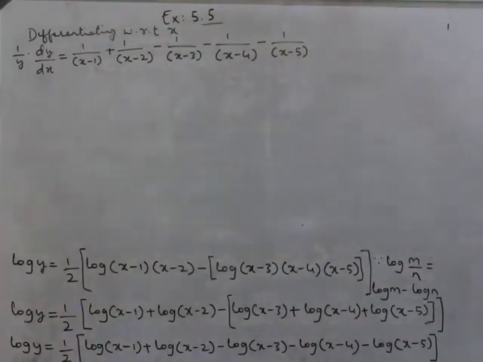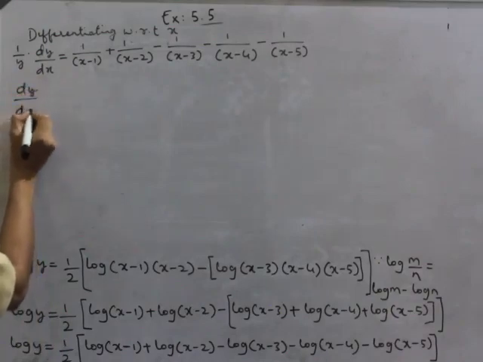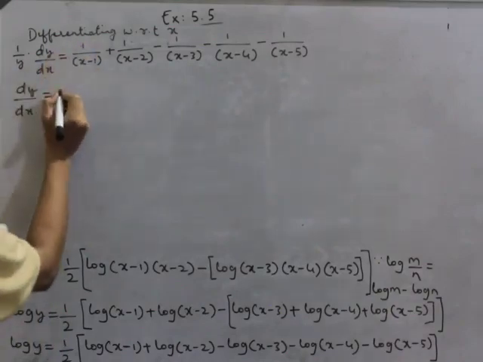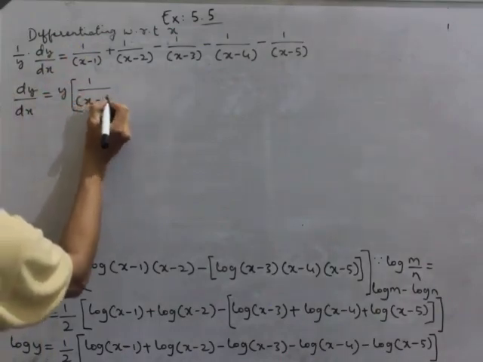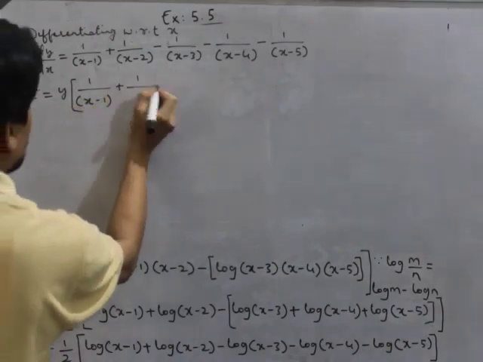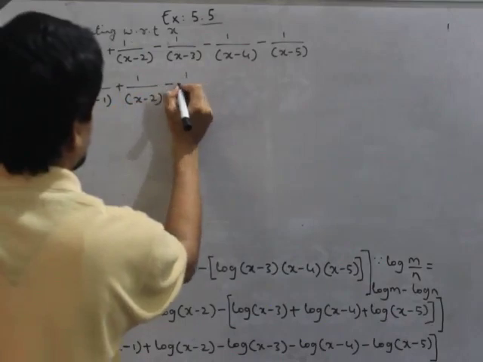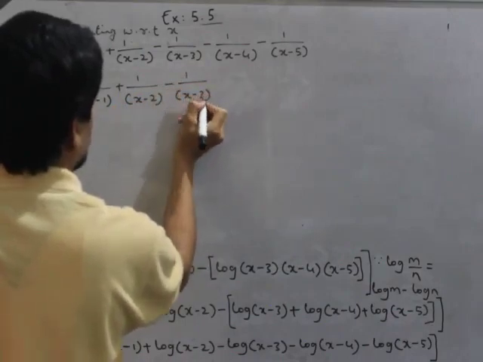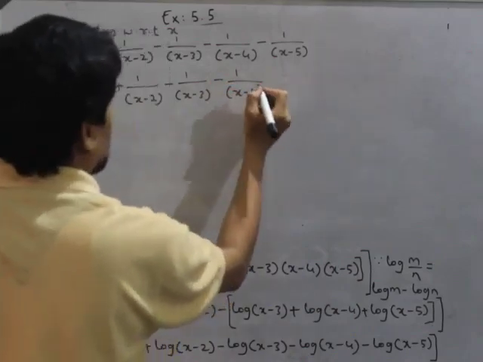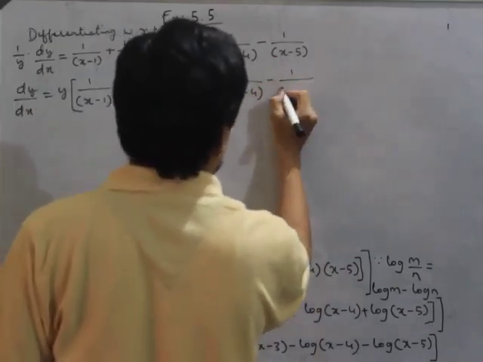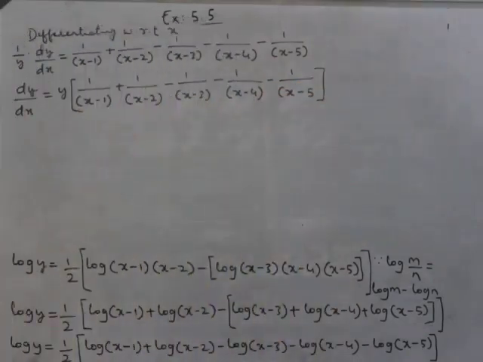So this is the differentiation. Next, dy by dx is equal to, this y will go here, y into 1 by x minus 1 plus 1 by x minus 2 minus 1 by x minus 3 minus 1 by x minus 4 minus 1 by x minus 5.